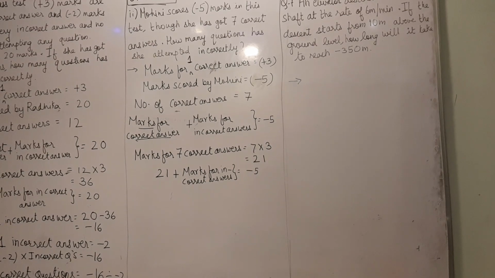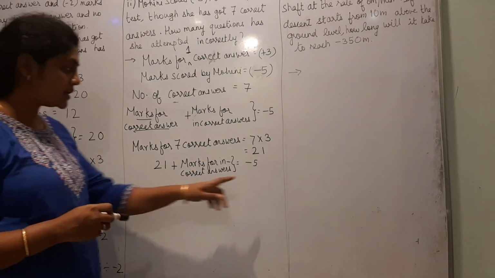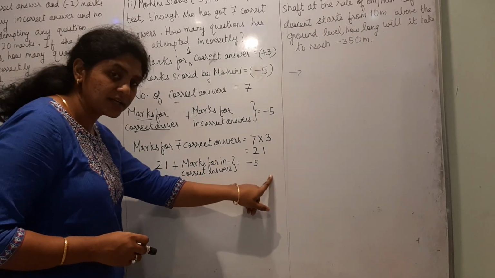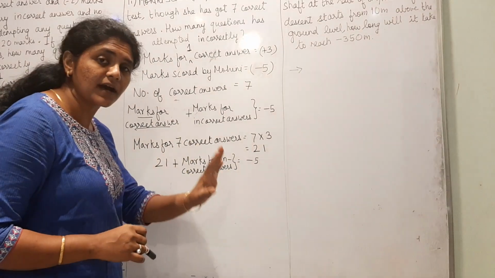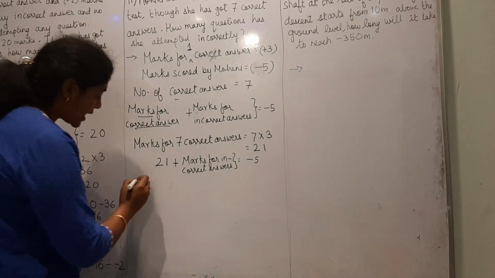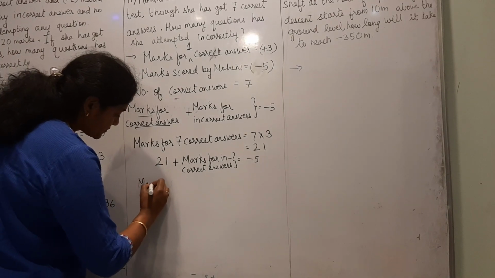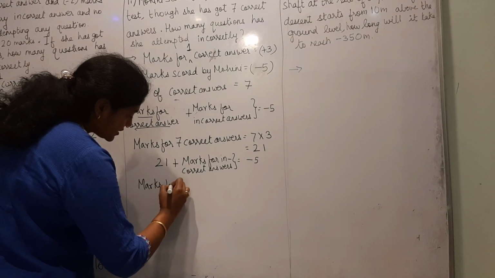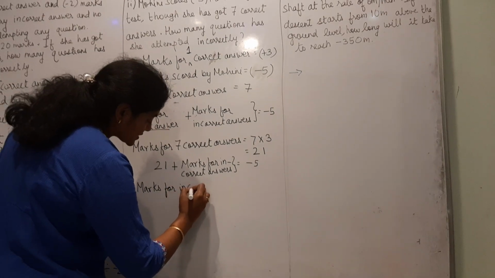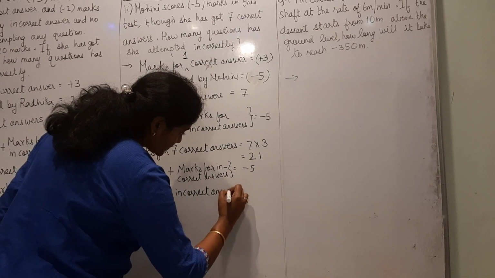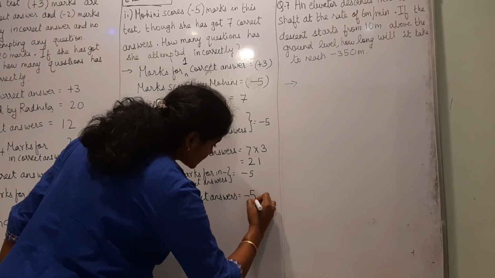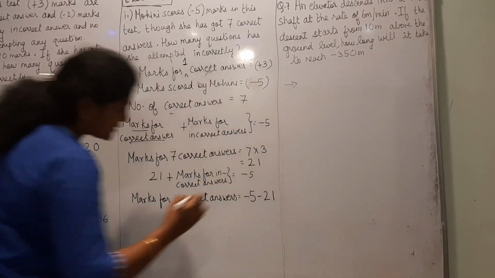Now from -5, if we subtract 21, you will get marks for incorrect answers. So marks for incorrect answers is -5 minus 21.